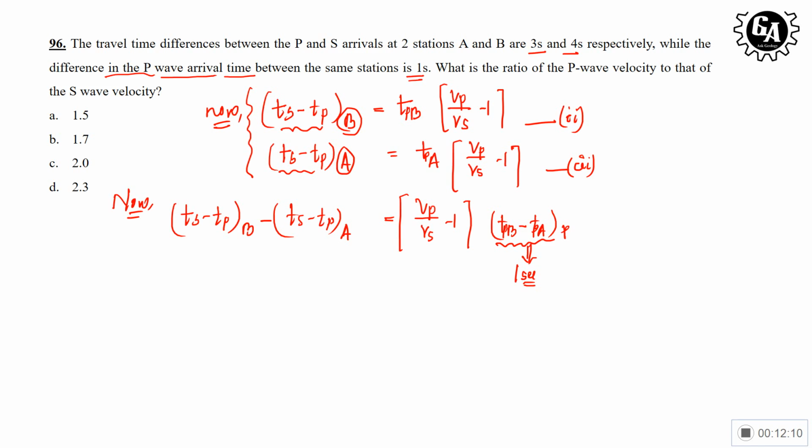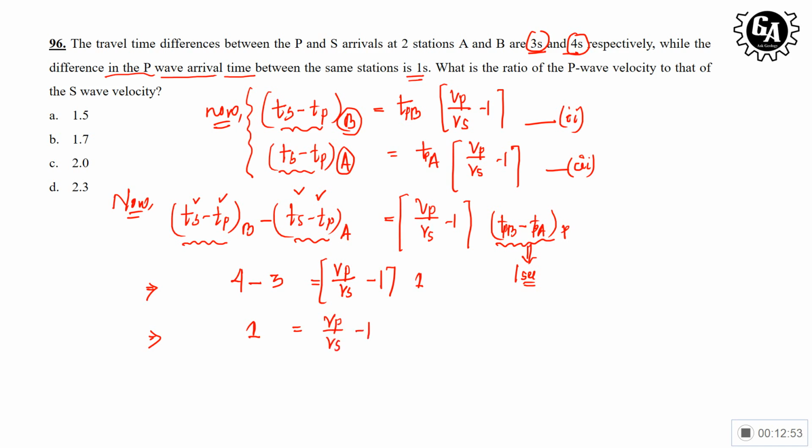And Ts minus Tp at B is 4 seconds, and Ts minus Tp at station A is 3 seconds. So 4 minus 3 is equal to Vp by Vs minus 1 times 1 second.